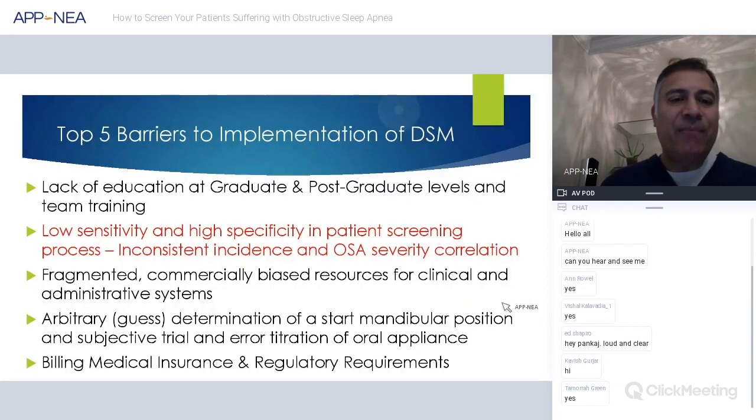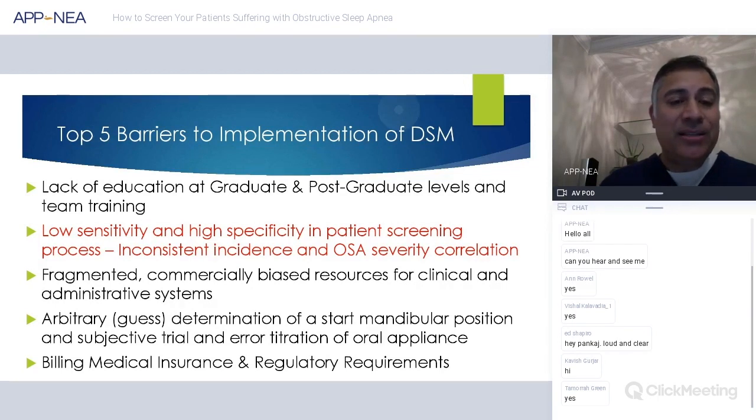So what are the top 5 barriers to implementation of sleep medicine in your practices? We have lack of education, which we know we weren't taught in dental school or postgraduate. We have to find this after we've finished our residency.